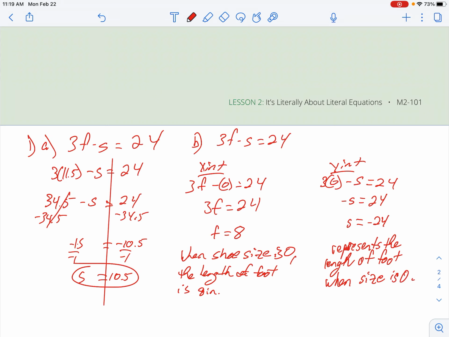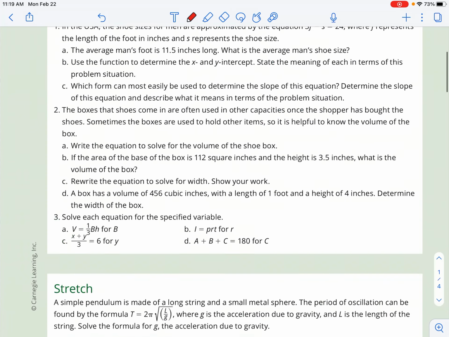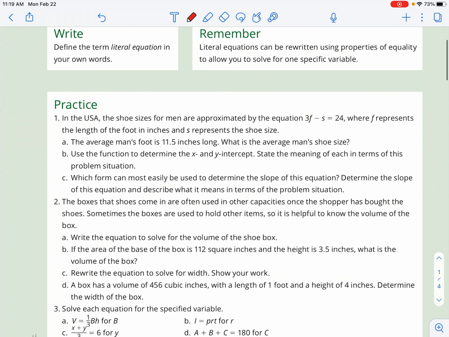So what that's saying here is the length of the foot is negative 24 inches when the shoe size is 0, which makes no sense, because you cannot have a man with a foot that is 0 inches long. So in this case, the y-intercept is not making much sense, but it is calculated correctly, which we know sometimes happens when you get into linear equations, that sometimes mathematically it works, but in the context, it doesn't make much sense.